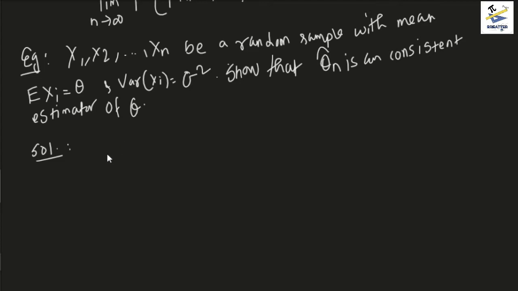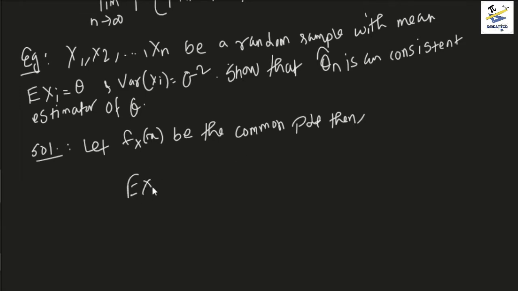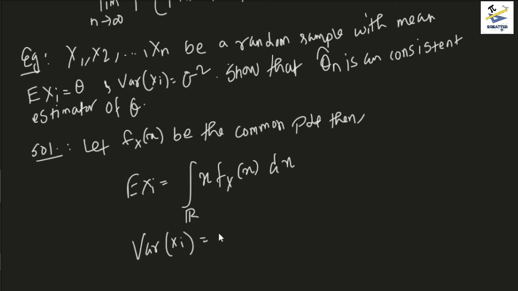Obviously we first do the integral definitions of this. Let f of x be the common PDF, then E of xi is simply the integral of x f of x dx, while variance of xi is the integral of x minus E of xi squared times f of x dx.